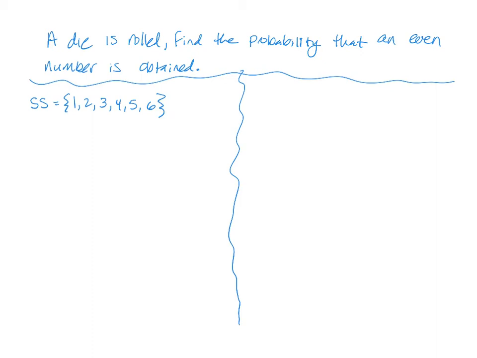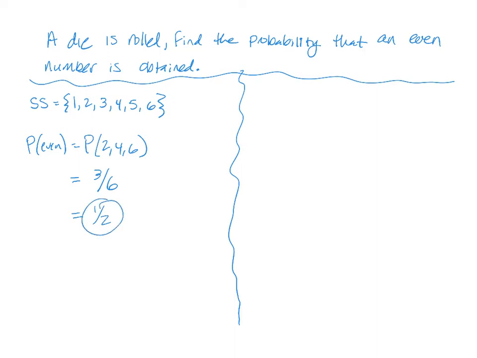The event that I'm interested in, the probability that I get an even number, means the probability of 2, 4, or 6. Those are 3 out of the 6 possible outcomes. So the probability I get an even number is 1/2.